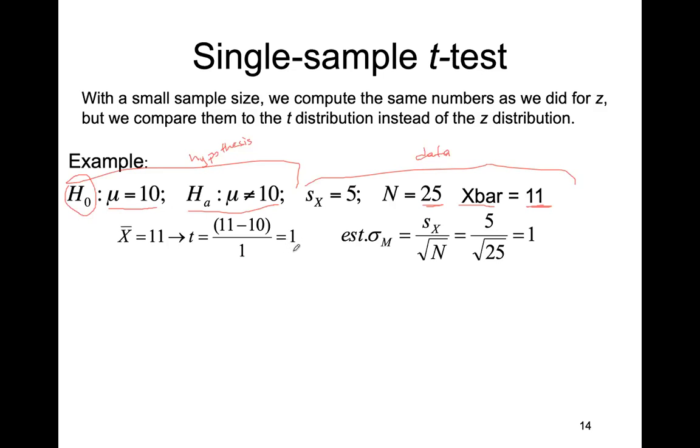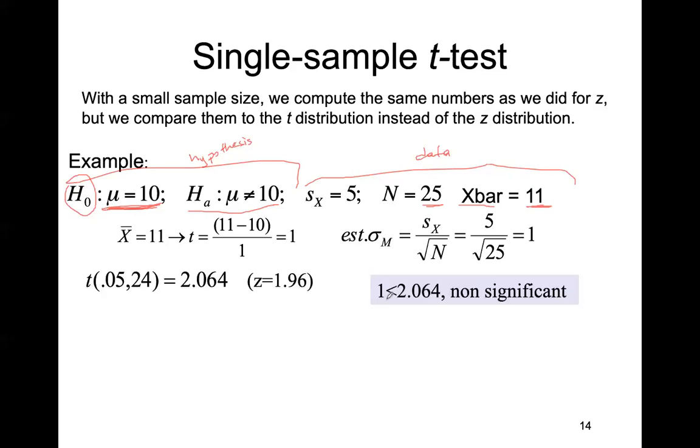So what was my question again? Do I retain or reject my null hypothesis? Okay, this is my question. So I find from the t table, my alpha is 0.05.